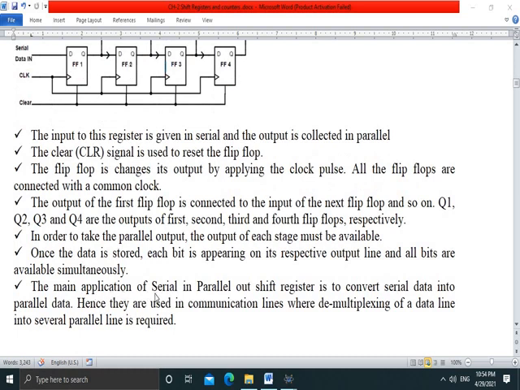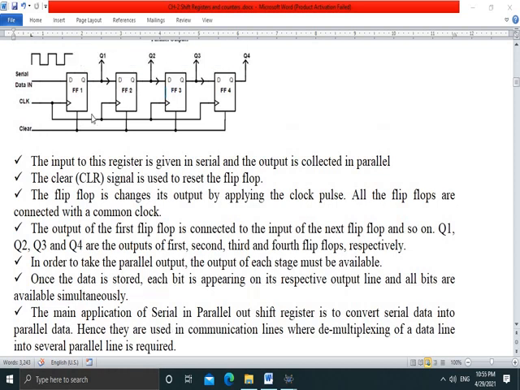The main application of the serial in parallel out shift register is to convert serial data into parallel data. Hence, they are used in communication lines where demultiplexing of a data line into several parallel lines is required.